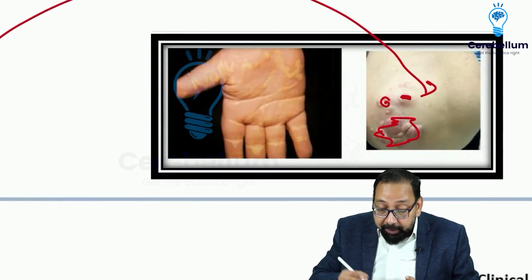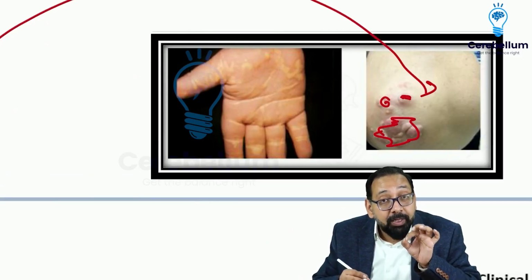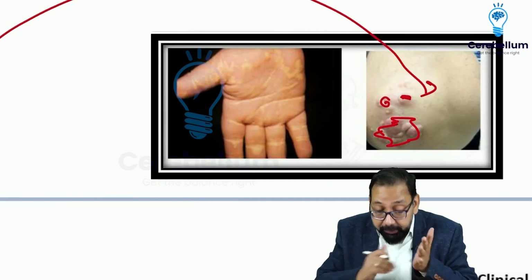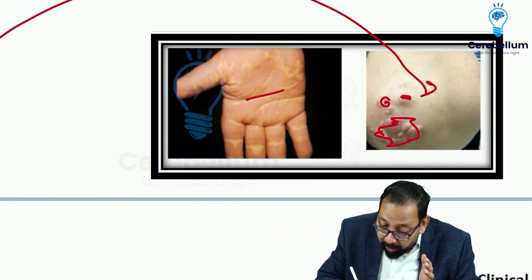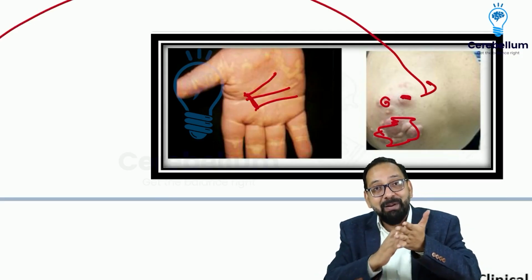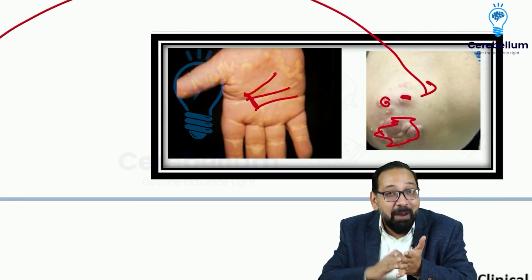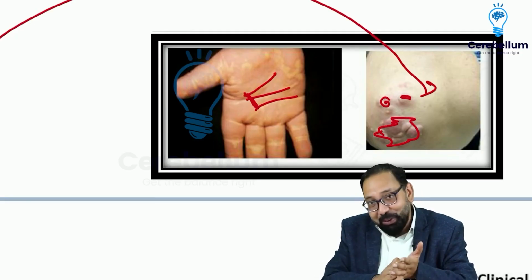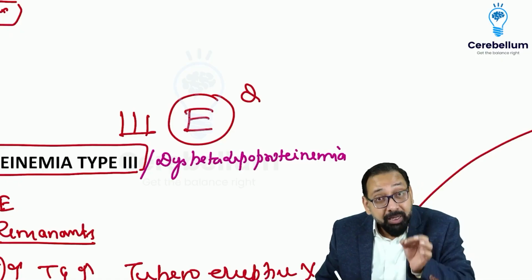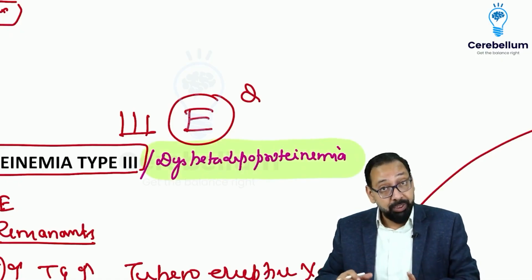And in type 3 hyperlipoproteinemia there is palmar xanthoma, increase of palm crease. Yes, it looks like E. I remember these creases as E. So in type 3, ApoE is defective, palmar xanthoma would be there. Type 3 hyperlipoproteinemia is also called dysbetalipoproteinemia.